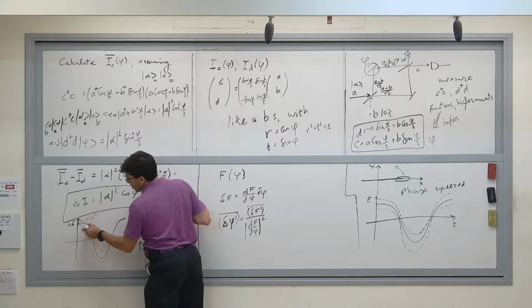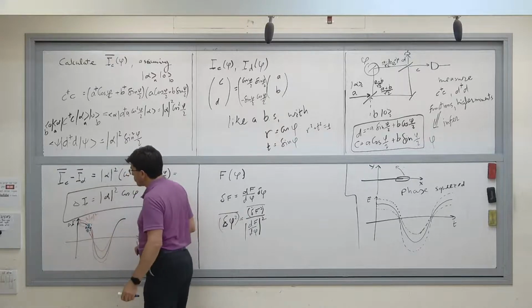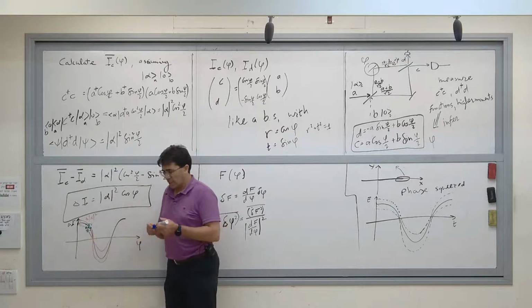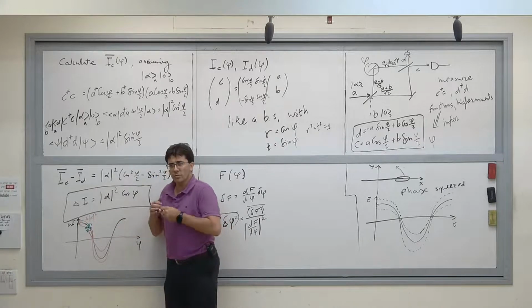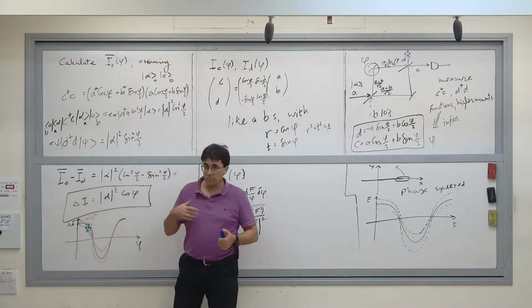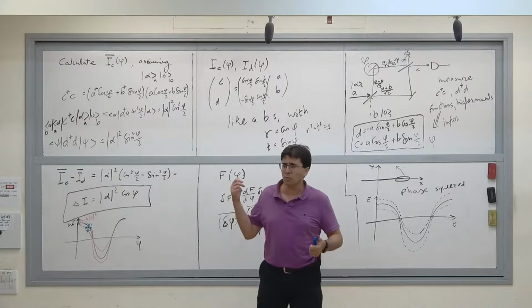You understand what I'm drawing here? I assume the average, and then there are fluctuations around it, which cause a mistake that has to do with the derivative.